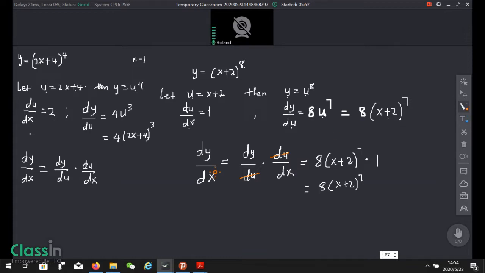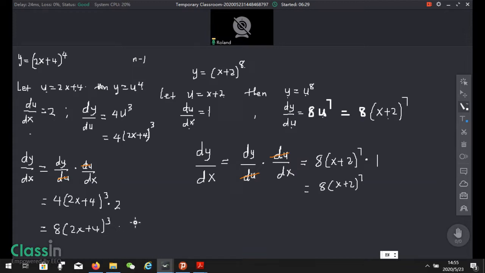As we can see, in this case, du can cancel du, so we get dy/dx. So dy/du is simply 4(2x plus 4) to the power 3 multiplied by du/dx. du/dx is 2. So this leads to 4 times 2 is 8, (2x plus 4) to the power 3.